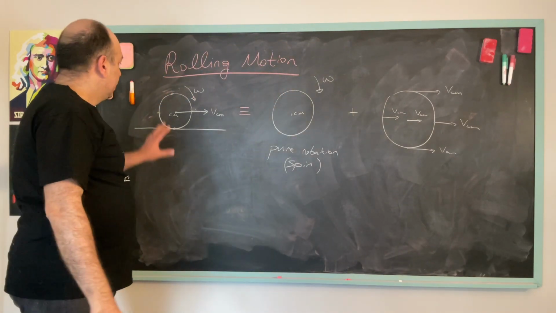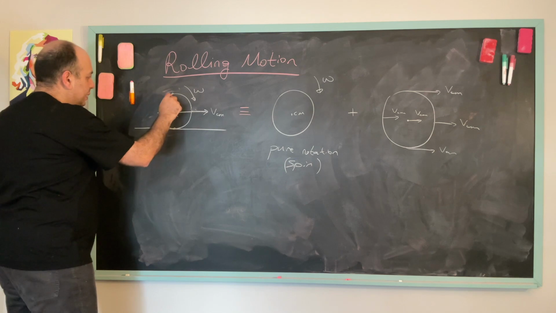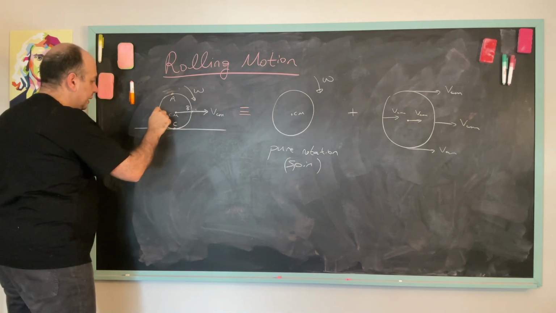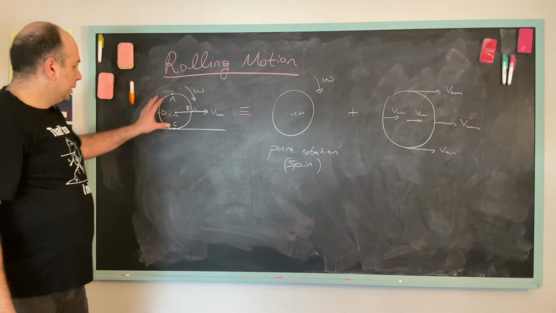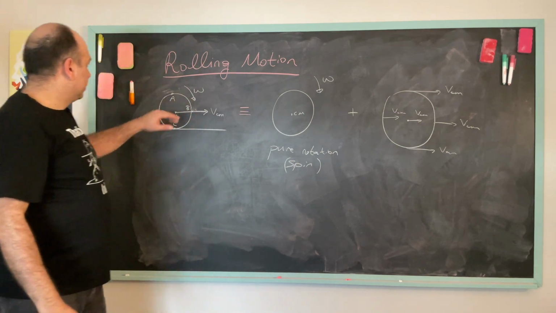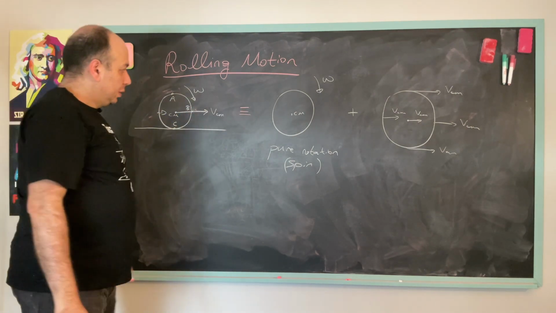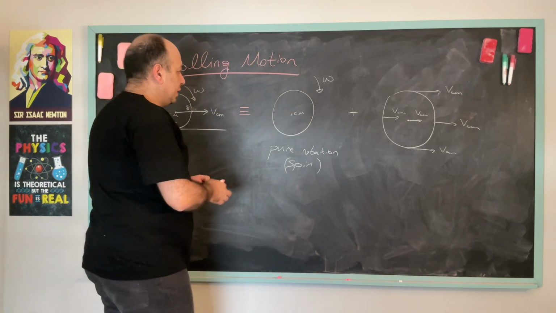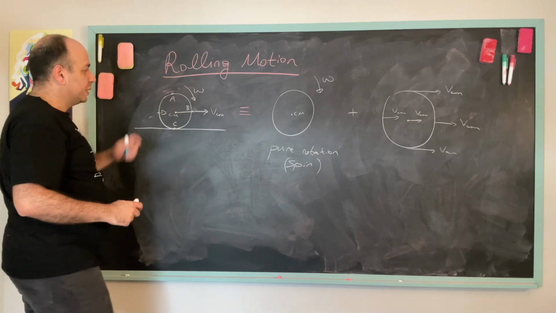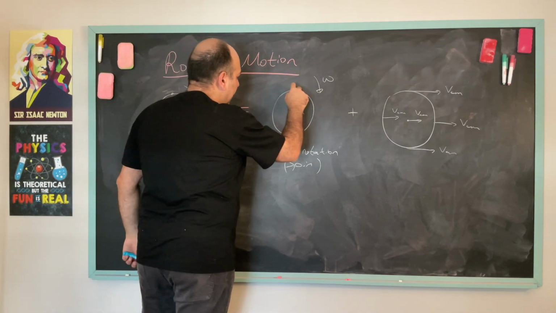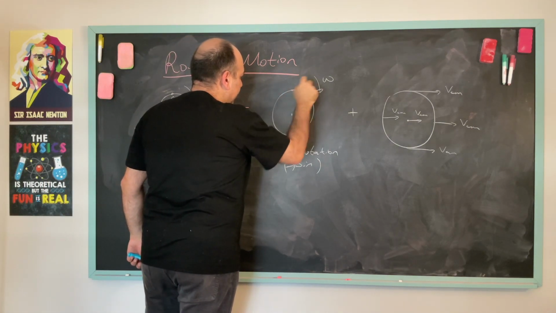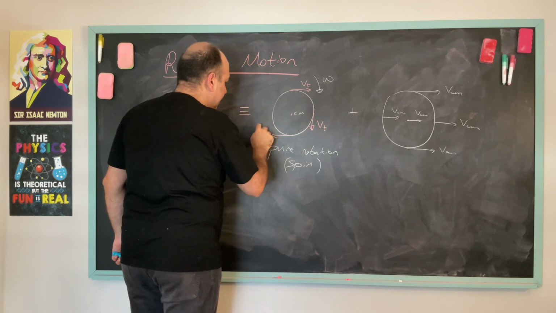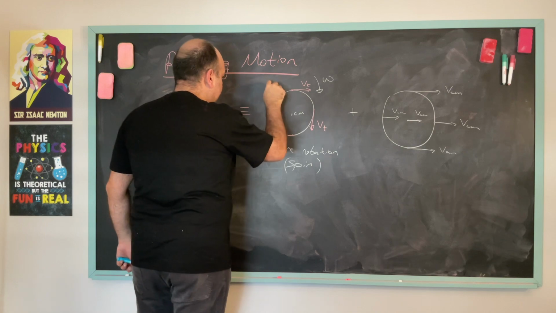This is good. So if I pick points on this object, let's suppose I have A, B, C, and D. They're at the rim of this rotating object. If this system was only rotating, what would be the velocities at these points? So at point A, I'll have a tangential velocity pointing this way. At point B, I'll have it like that, point C like that, and point D like that.